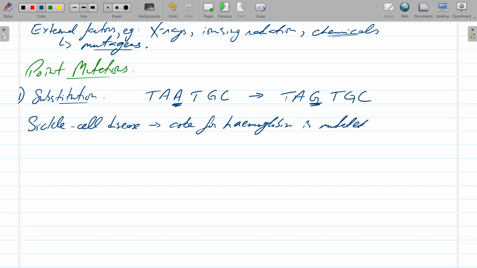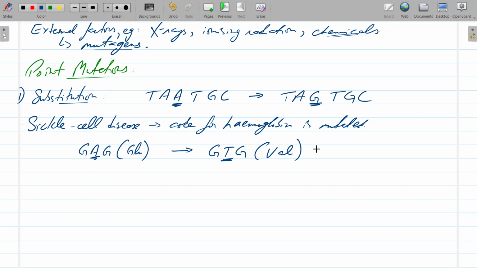And so what happens is that you've got the codon, the triplet code GAG, which codes for glutamic acid, and that is changed to GTG, right? So the second nucleotide base in the triplet, and this codes for valine, or just VAL.